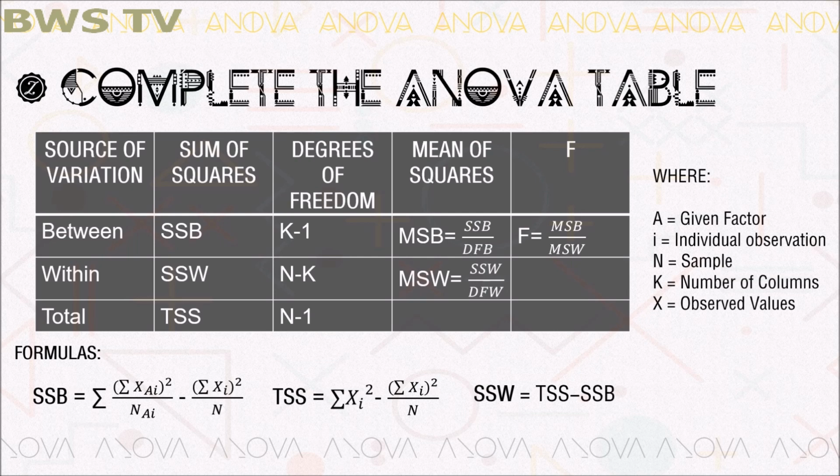K minus 1, which is the formula of DFB, N minus K, which is the formula of DFW, and N minus 1, which is the formula of DFT. We also have MSB and MSW under mean of squares, and lastly, the formula of F in the last column.